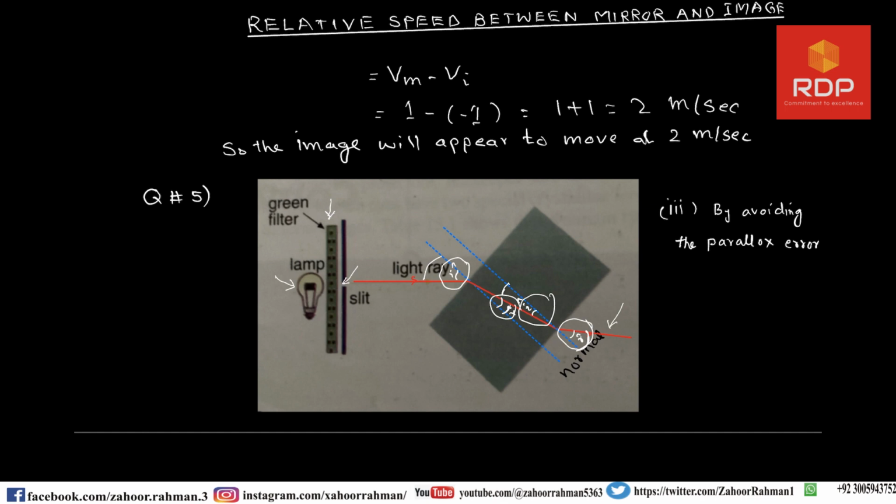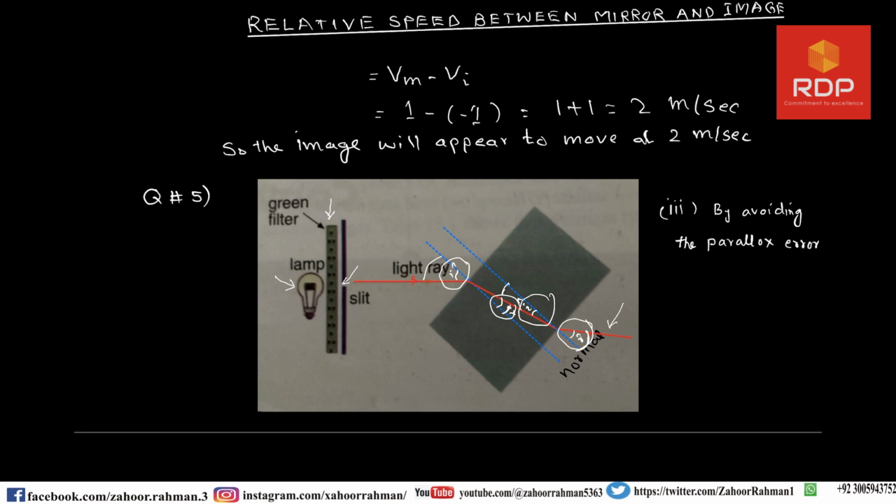So in case these angles are not the same, then you committed a mistake. Take the readings again first, to improve the accuracy.